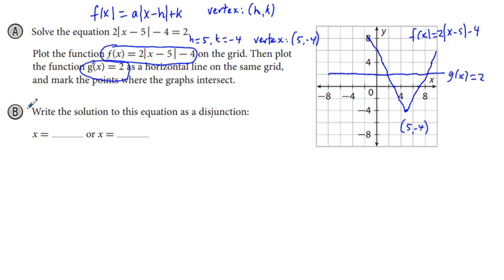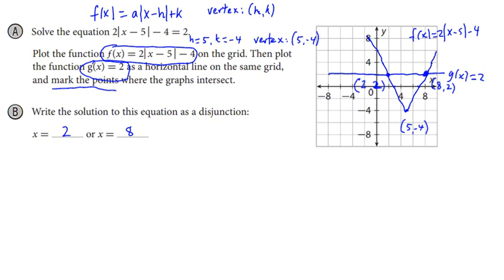It says mark the points where the graphs intersect. So our intersection points are here at the coordinate pair (2, 2) and at (8, 2). And so the solutions to this equation are x equals 2 and x equals 8. These are the x values where the graphs intersect.